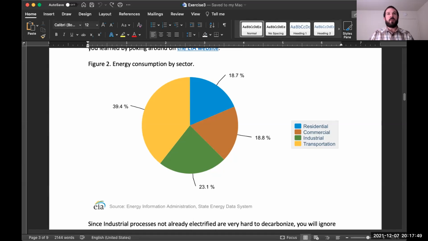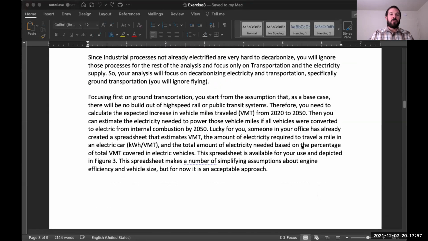So what you end up with is a tab here that, for transportation, makes a number of assumptions about how far people are driving, how many electric cars there are going to be, and how much energy per vehicle mile traveled an electric car uses.